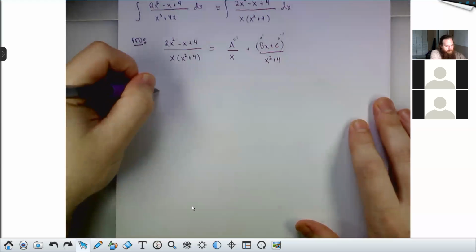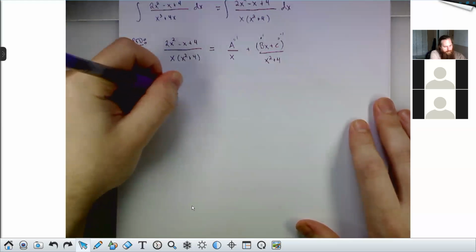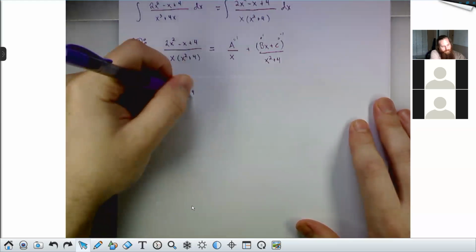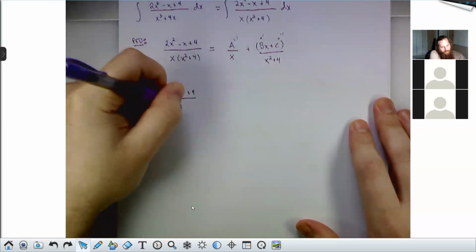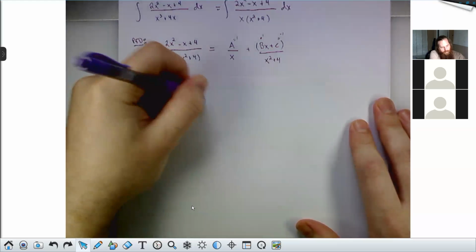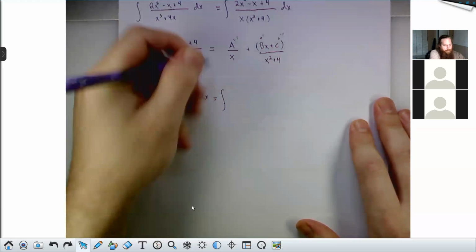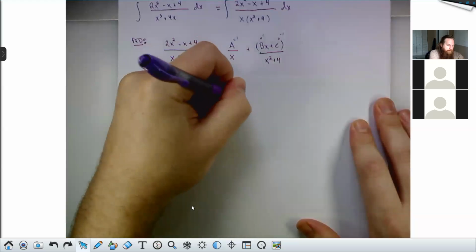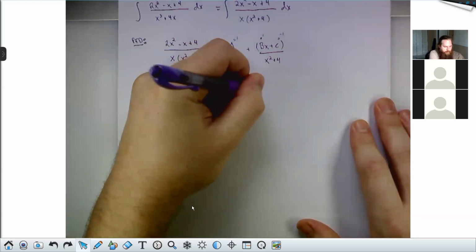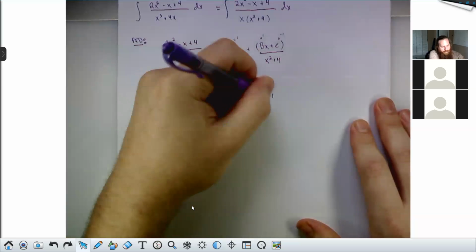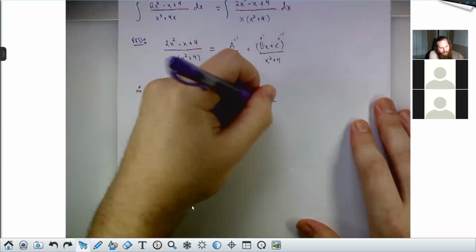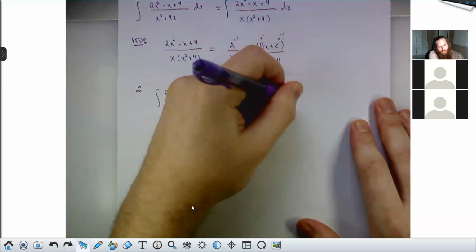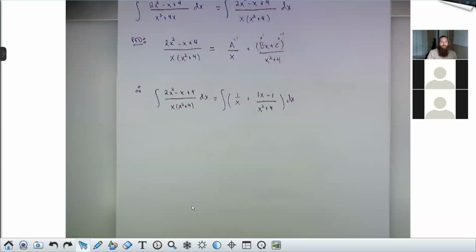Therefore, the integral of the object on the left is equal to the integral of the object on the right. Now, the integral of the object on the right is not quite as trivial as the other problems we've seen because this piece is not ultra simple. It's still pretty simple. I'll show you how to do it.